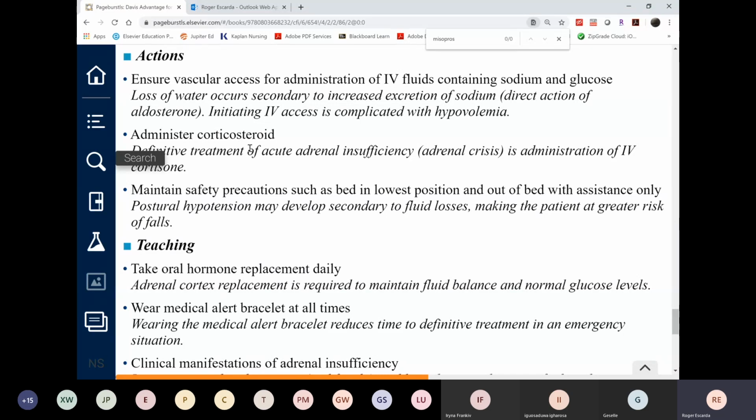And because you have hyponatremia, patient will now develop seizures, right? If the patient has severe hyponatremia. So institute seizure precautions and fall precautions because of the postural hypotension, or that's orthostatic hypotension once they, of course, return to consciousness.